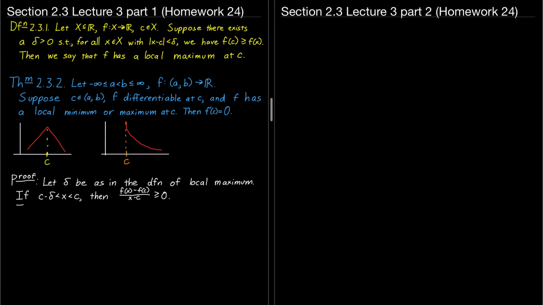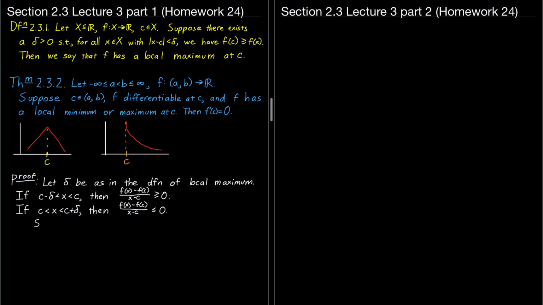Then similarly, if x is on the other side, then our difference quotient, the numerator is still negative, but now the denominator is positive, so we've got less than or equal to 0.